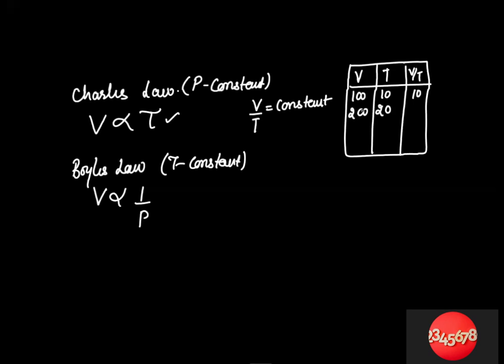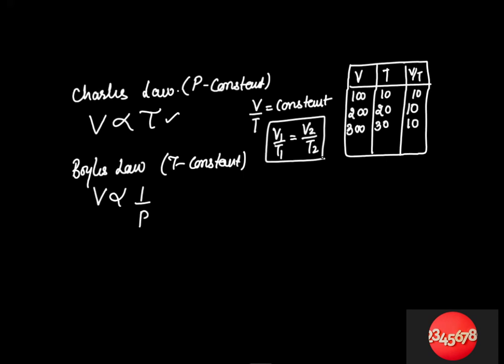Temperature बढ़ाते हैं, गैस को गर्म करते हैं, तो फैलती बड़ी हो जाती है. 200 upon 20 will be 10. That's right. If I make the temperature 30, this will become 300 automatically, and they all will be in proportion. So the formula comes out to be that volume at first temperature and second volume at second temperature, the ratio will always be same: V1 upon T1 equals V2 upon T2.